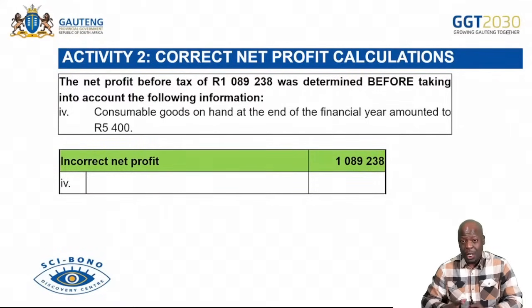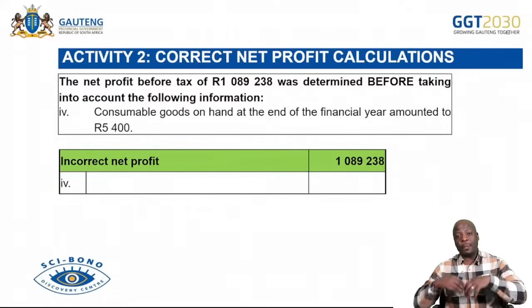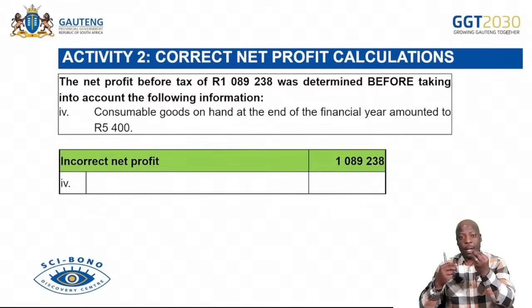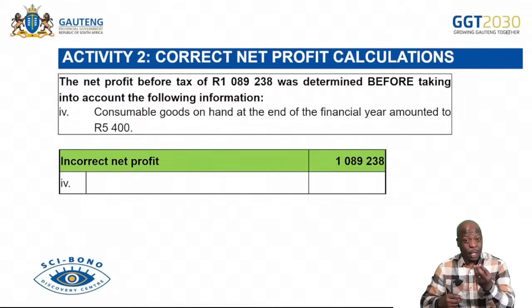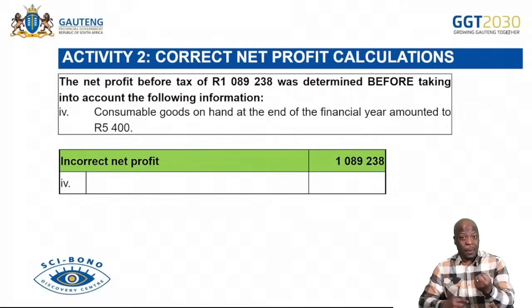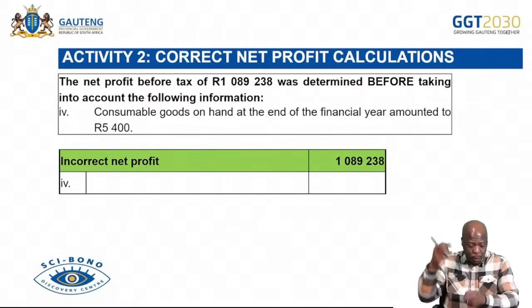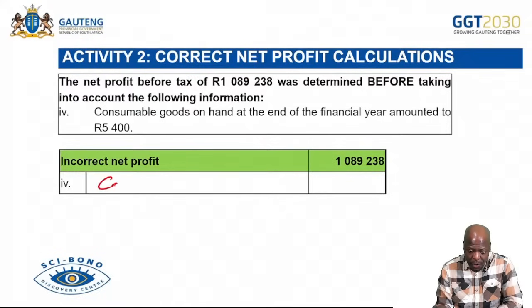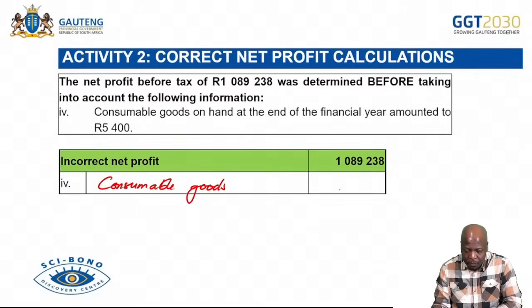When we have such an adjustment, it simply means our expenses need to be reduced. When you are reducing expenses, you are increasing your profit. So in other words, you're coming here to say consumable goods, and you're taking that 5.4. You're adding it to your profit.